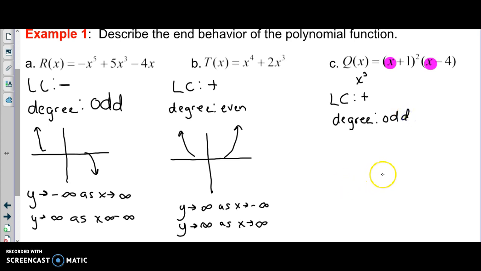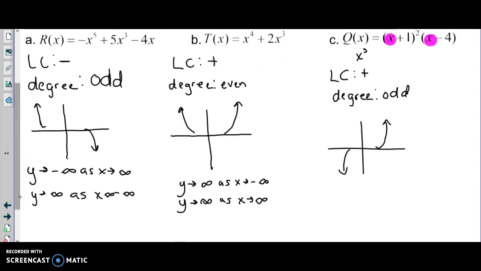That's based on my rules. I'm going to have something that does this, and on the other side, I have something that does this. So I can list it out by saying as y goes to negative infinity, as x goes to negative infinity, or as y goes to positive infinity, as x goes to positive infinity.